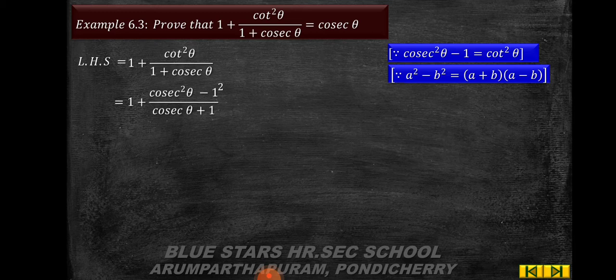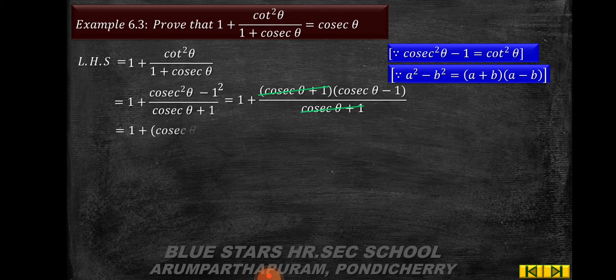A is cosecant theta and B is 1, which gives 1 plus (cosecant theta plus 1) into (cosecant theta minus 1) divided by cosecant theta plus 1. So cosecant theta plus 1 and cosecant theta plus 1 get cancelled. You get 1 plus (cosecant theta minus 1).